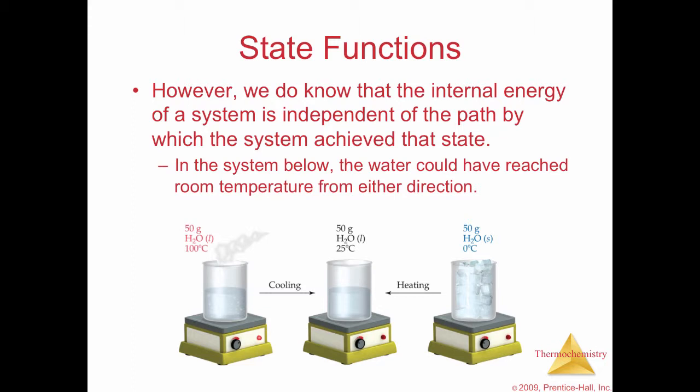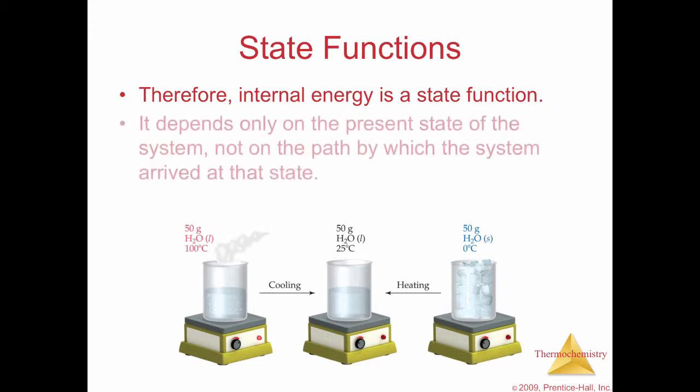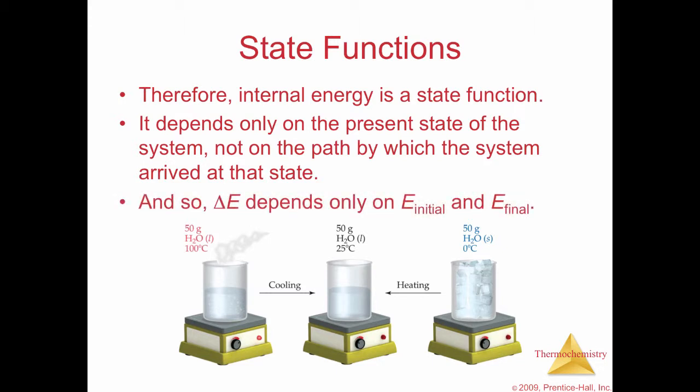In the system below, the water could have reached room temperature from either direction, starting at boiling 100 degrees Celsius or starting at freezing 0 degrees Celsius. Therefore, internal energy is called a state function. It depends only on the present state of the system, not on the path by which the system arrived at that state. And so, the change in energy depends only on the initial state and the final state, not on the path of how it got there.